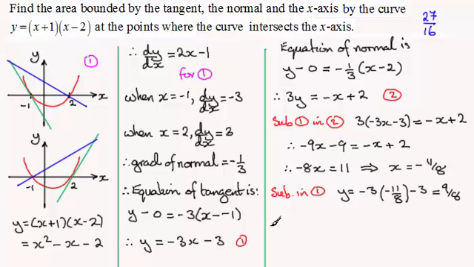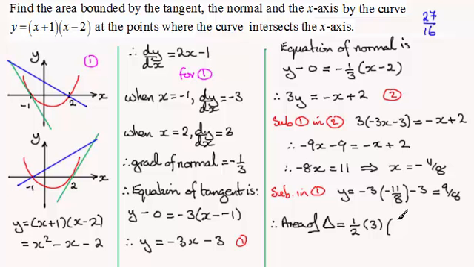Okay, so that puts us in a good position now to get the area of this triangle here. So we'll just introduce this, say therefore area of triangle equals, and it's going to be half the base times the height. So the base is going from minus 1 to 2, so that length there is going to be 3 units, so it's a half times 3, and then it's multiplied by the height, and the height would be the y coordinate at this point of intersection, which we worked out is 9/8.